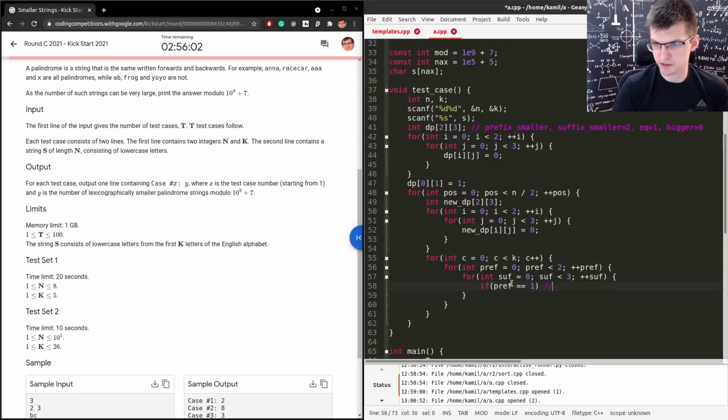If the prefix is equal, then if this character is strictly smaller than this character, like there is C here, and I'm putting A or B, the new prefix is this; equal is 0, then this is 1, smaller.